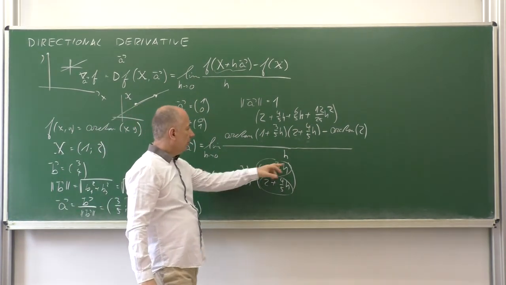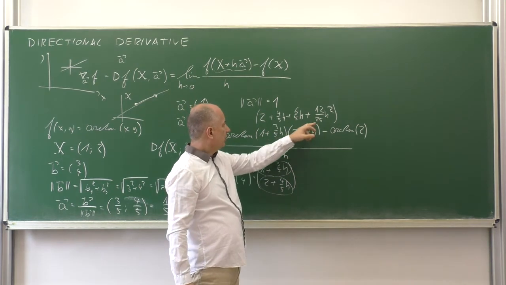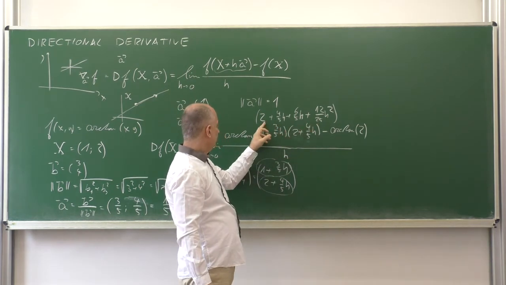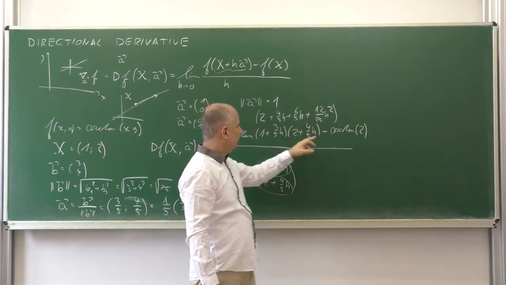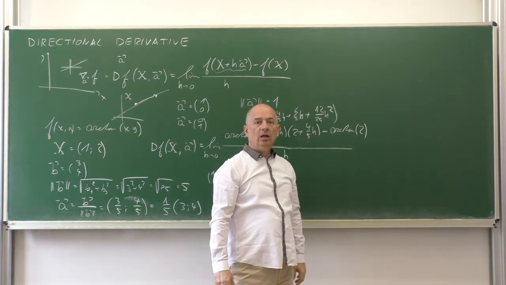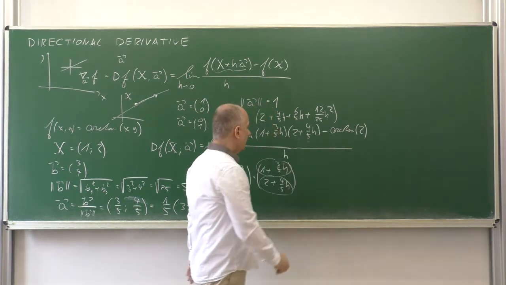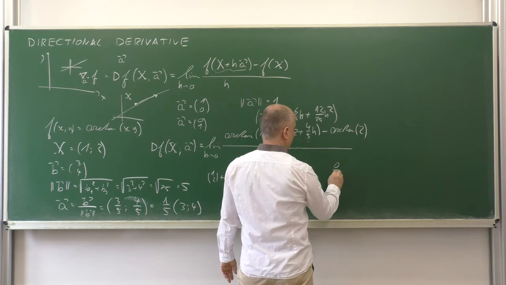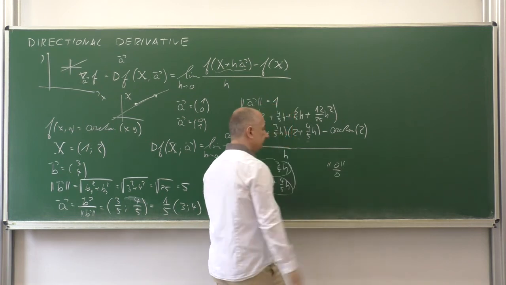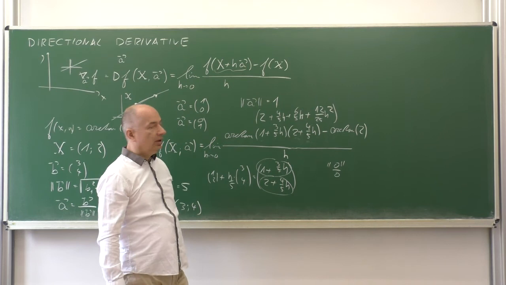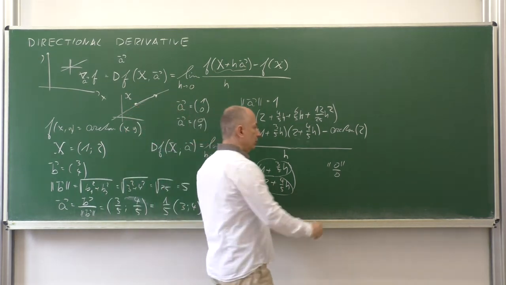If h goes to 0, this goes to 0, this goes to 0, this goes to 0, this goes to 2, and we have arctangent of 2 minus arctangent of 2, which goes to 0. So we have the expression of the form 0 divided by 0. So to compute this limit, we can use L'Hopital's rule.